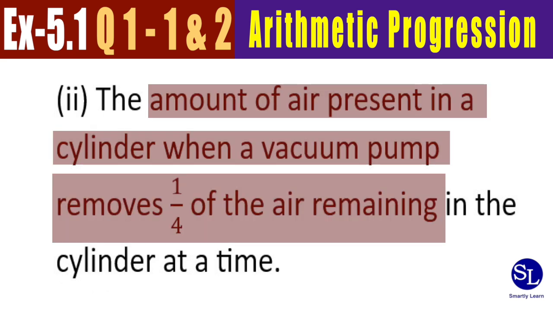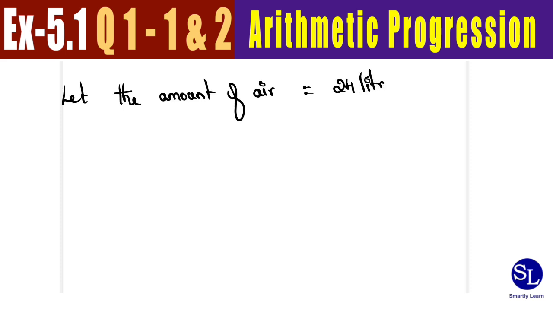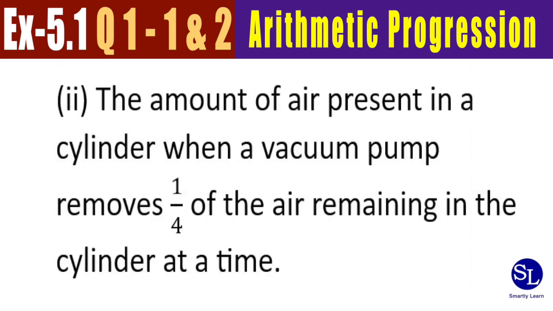Let us assume I can pick any number, but I'm going to start with the assumption that the amount of air to begin with in the cylinder is, say, 24 liters. I'm starting with this particular number because I want it to be a multiple of 4 and I want to perform a few calculations.